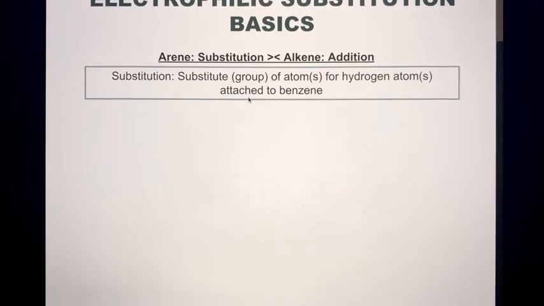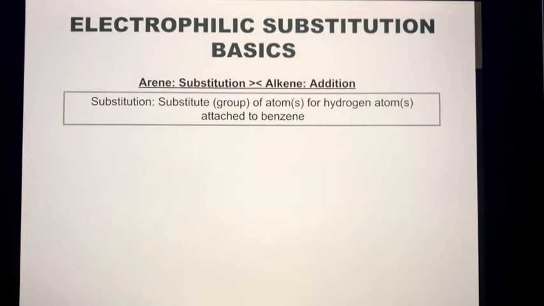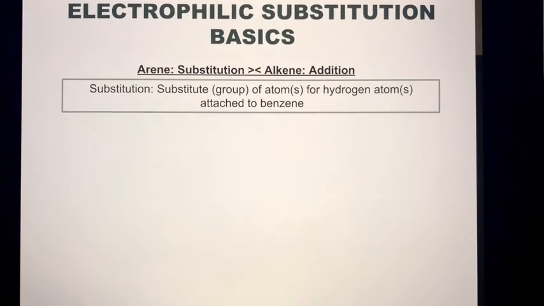Here, electrophilic substitution basics. Again, as you remembered before, benzene is a nucleophile. That's why the name is electrophilic substitution. Why not nucleophilic? Because there is an electrophile attack. If there is a nucleophile attack, we call it a nucleophilic mechanism. But since benzene has a very high electron density, it doesn't need a nucleophile.